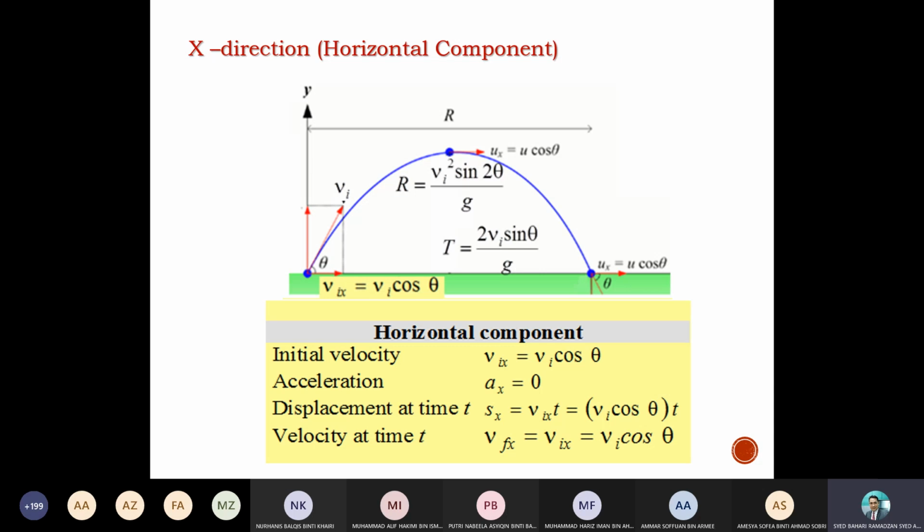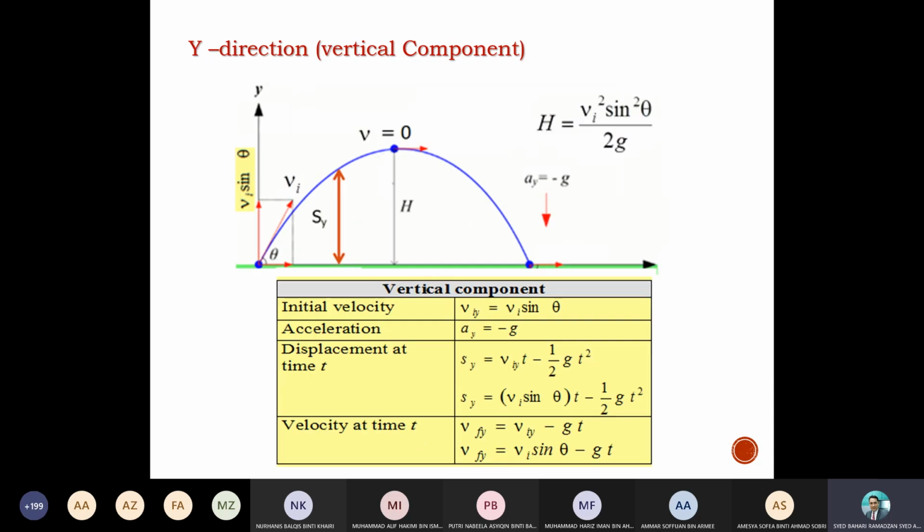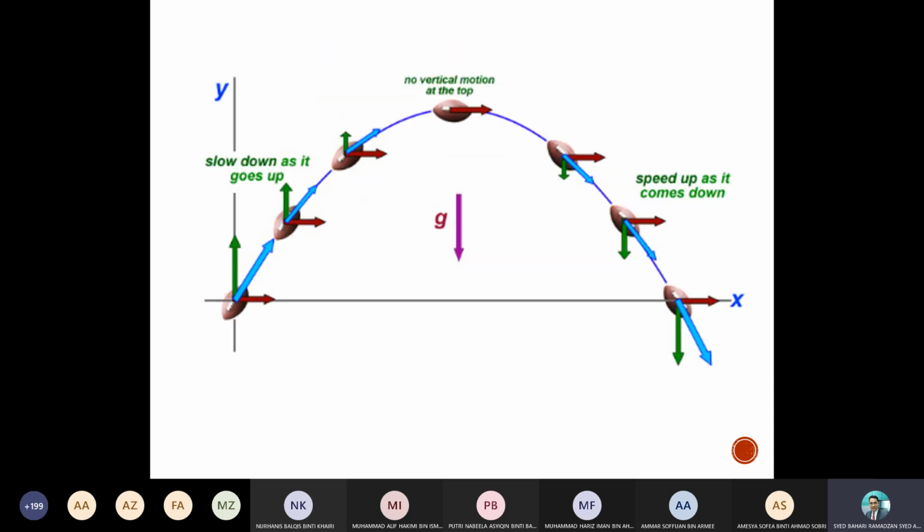So this is actually proof of what I said, that the motion in the x direction is constant. The final velocity for x equals the initial velocity. So that's why, looking at this figure, x is constant, either initial or final or at any point in the projectile motion.